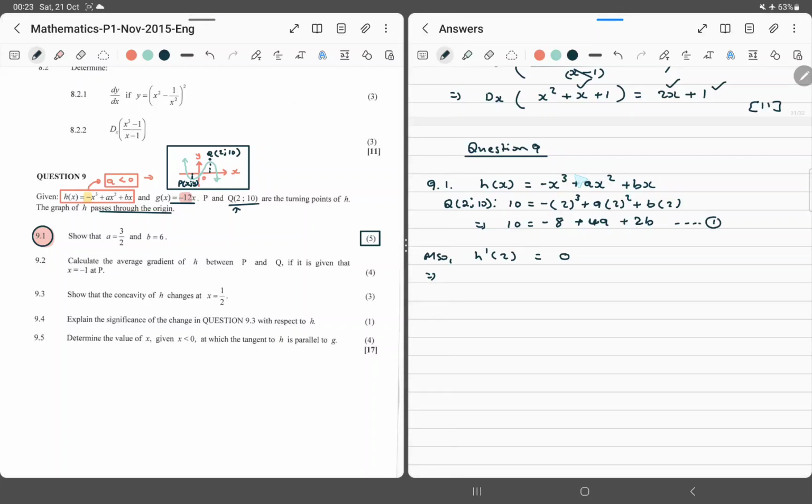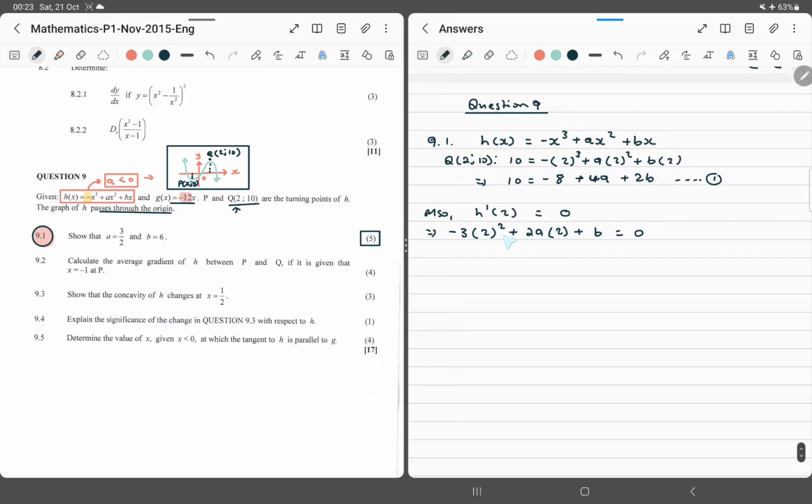Now we do the derivative. This is minus 3x squared, and instead of x we put a 2. Plus 2a, and instead of x we put a 2. The derivative of bx just leaves b, equal to 0.